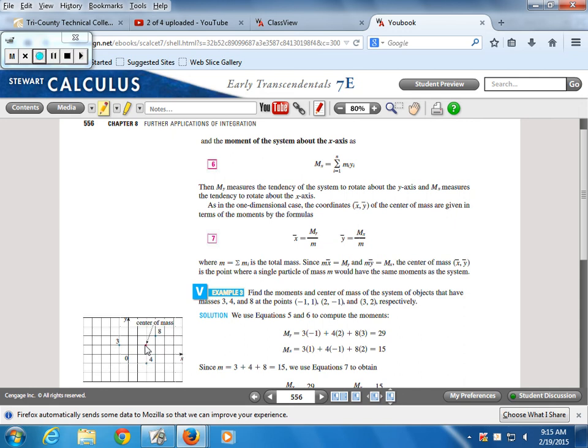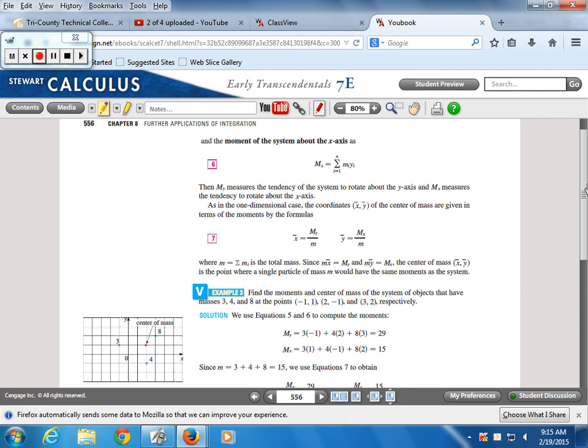X. And you have to think about it as the center of mass. If you're talking about X bar, then it's going to be spinning around the Y axis. So you got to think of it in terms of that, and I think that's what this example right here is doing.